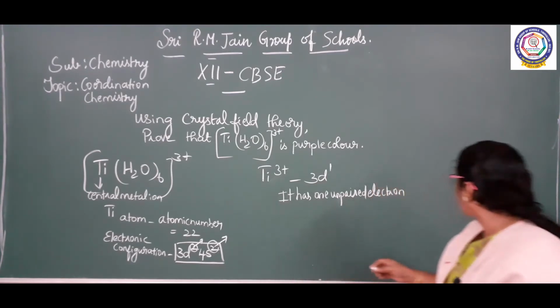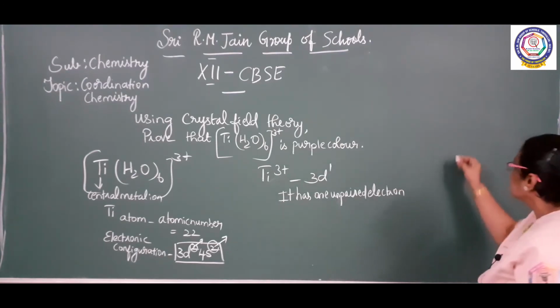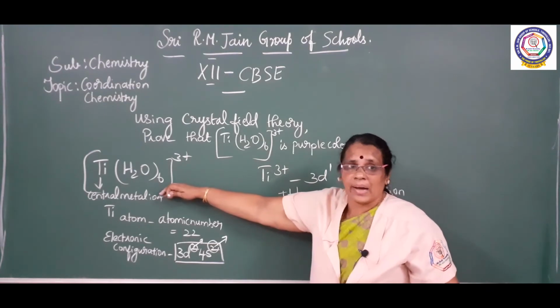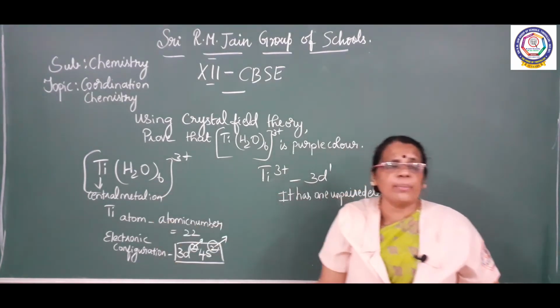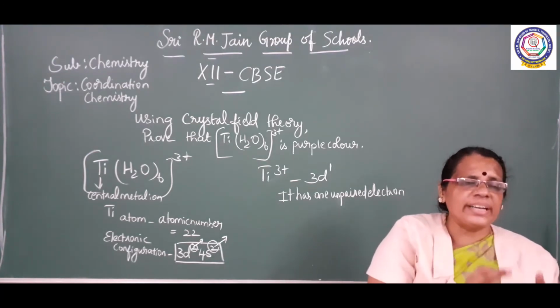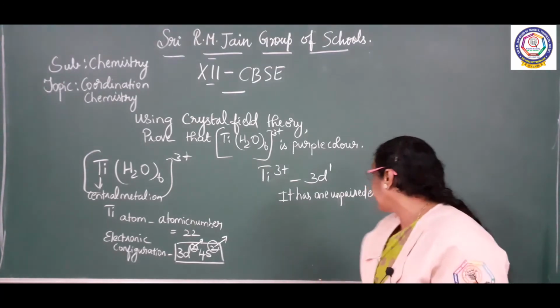So we are going to draw. Actually, it is an octahedral complex, since the coordination number is 6. We are going to say how the d orbitals are split in the octahedral complex.